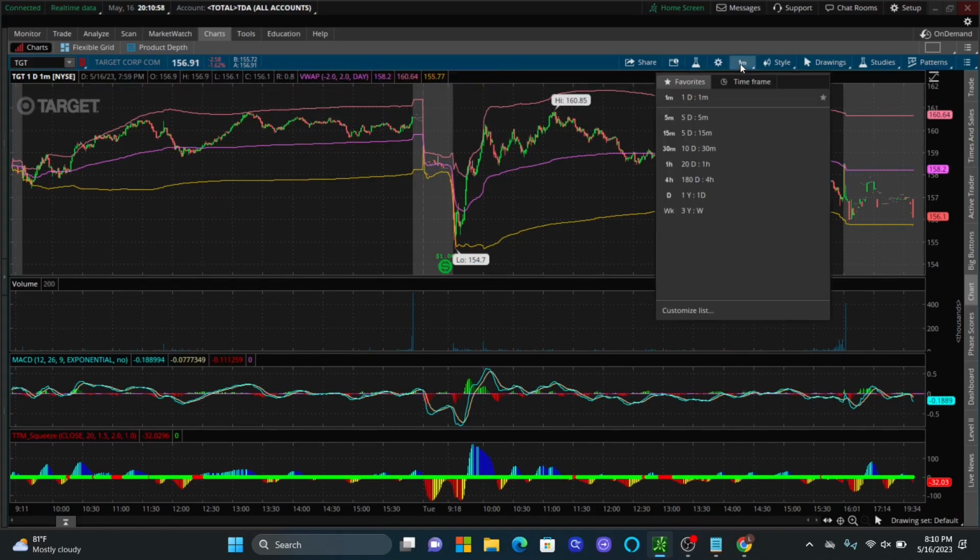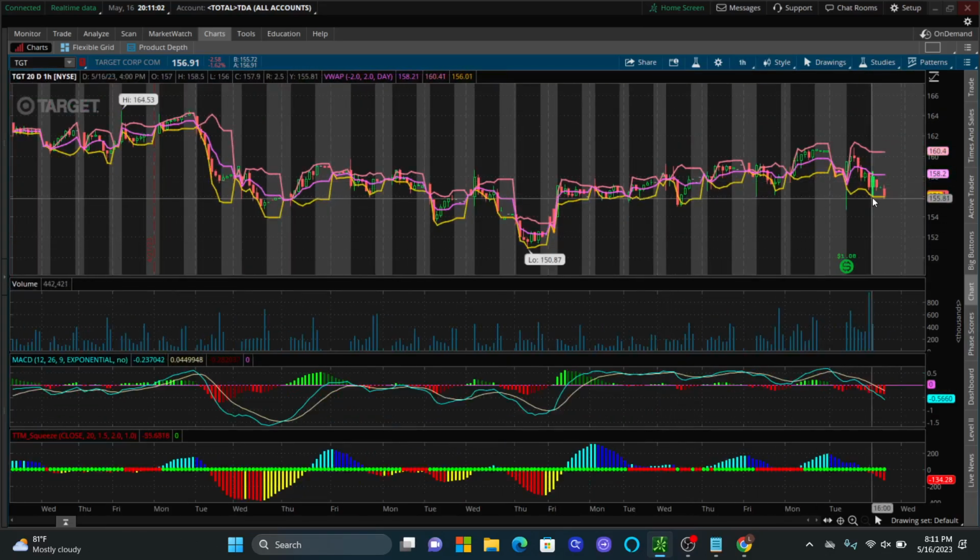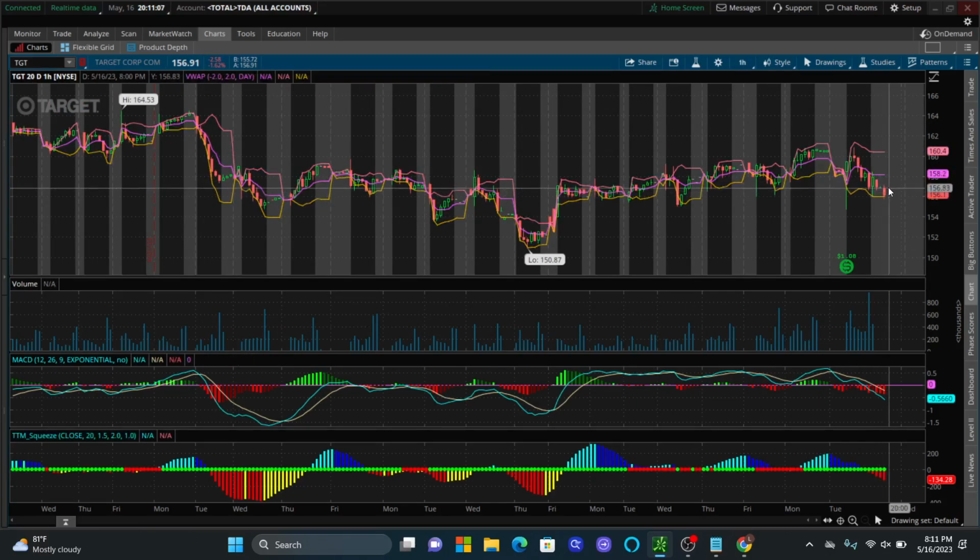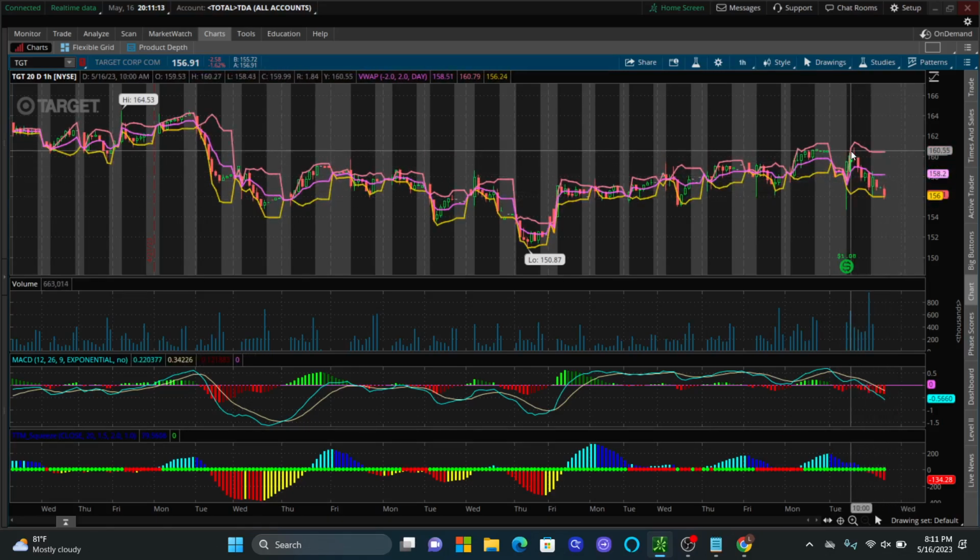And let me go to a longer term chart because this is the 1 day, 1 minute. If I go to the 20-day, 1 hour chart, you can see that we tested this support zone around the 156 level and bounced off of it pretty hard. As you can see right here, it looks like we sold off throughout the trading day already. However, if you read the option flow, this position is looking very bullish. Looks like people bought the dip on this news when it started selling off through here.